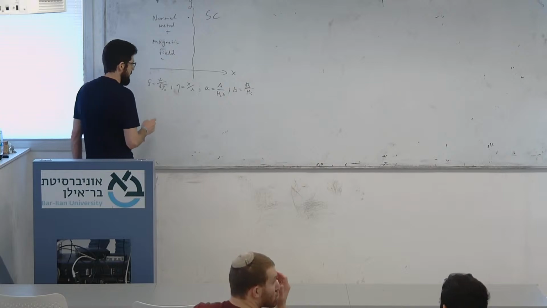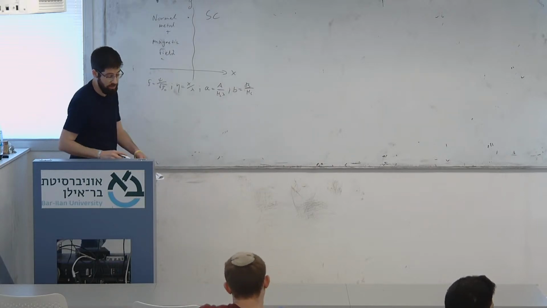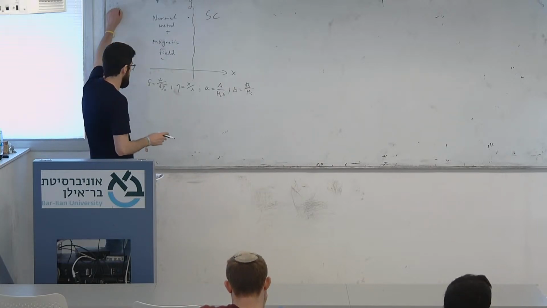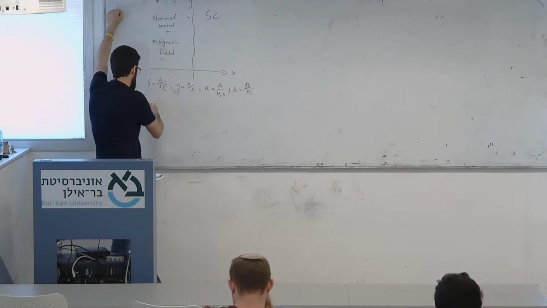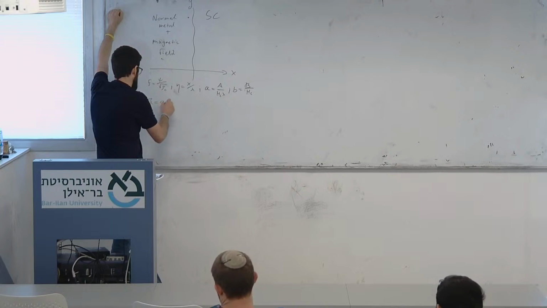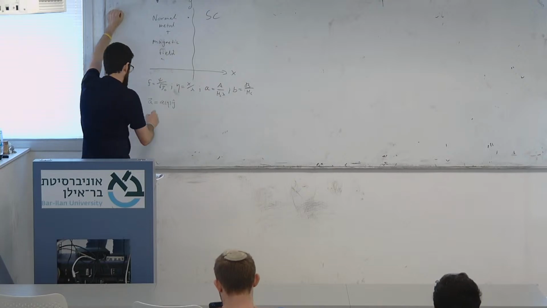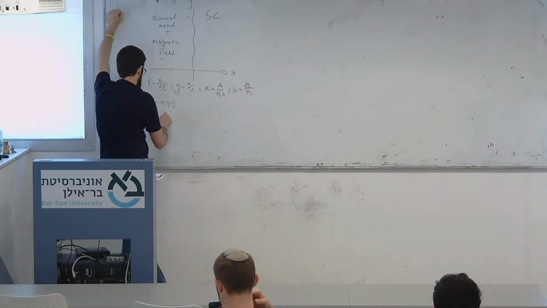And we chose a gauge, the London gauge, where A is the vector A of eta in the y direction, and psi is equal to psi of eta.